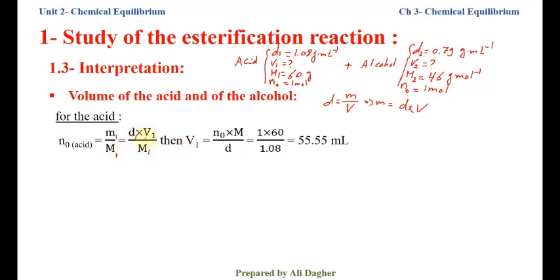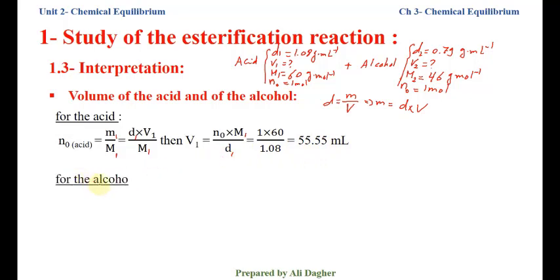Therefore, V1 equals N0 times molar mass M1 over density 1. The initial number of moles equals 1, molar mass equals 60 gram per mole, and density equals 1.08 gram per milliliter. The volume equals 55.55 milliliter.